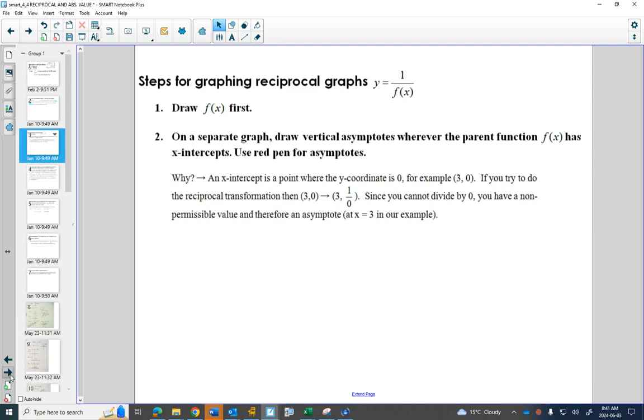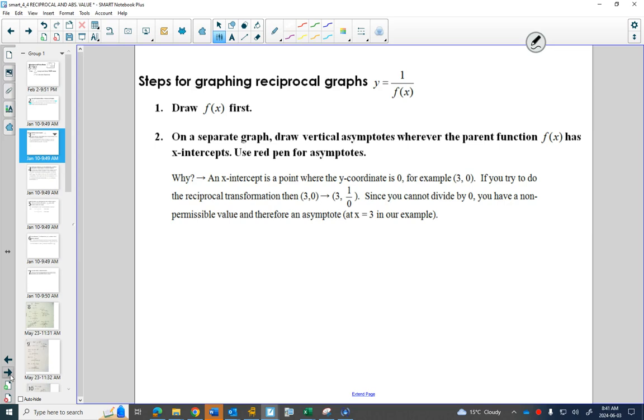And then the first thing that's going to happen that's interesting is that you are going to have vertical asymptotes at all your non-permissible values. Because it'll never cancel out with a 1 on the top. Does that make sense? When you have a non-permissible value and it cancels out, then you have a hole. But if you have a 1 on the top, your non-permissible value is never going to cancel out. So all of your non-permissible values are going to turn into vertical asymptotes.